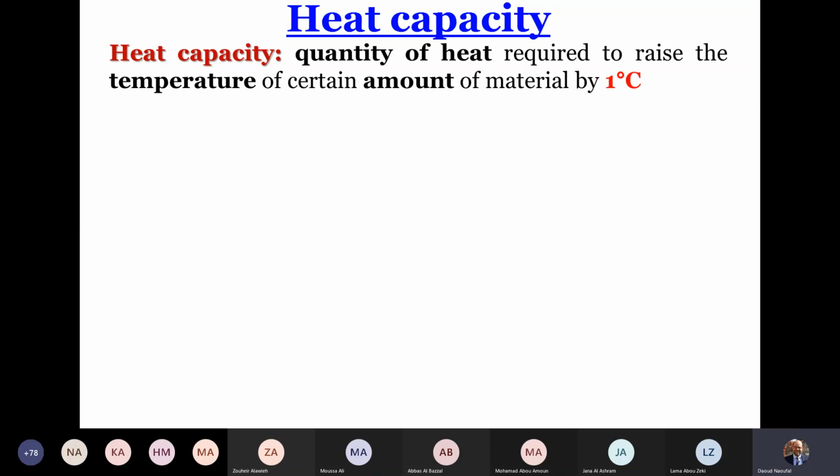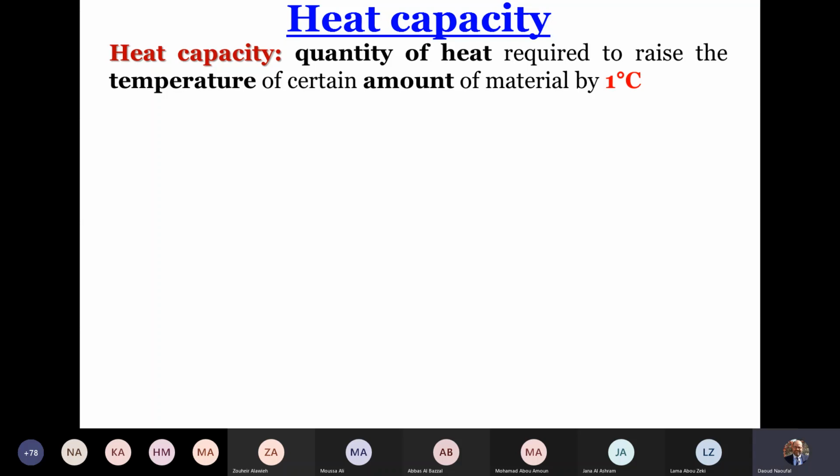I have, for example, a piece of metal of known amount, and I want to calculate the heat capacity of this substance. I bring a thermometer to measure the initial temperature of this material. Suppose it's equal to 25 degrees.